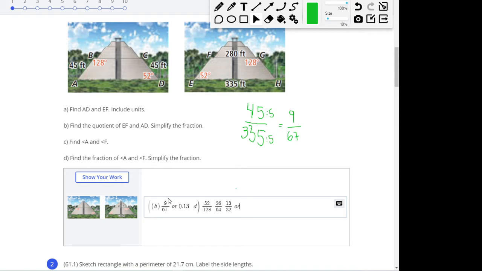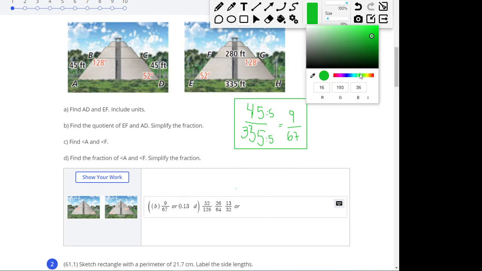B. Find the quotient is here. Find the quotient is just this one I'm showing you. It is 45 divided by 335. Why 45?